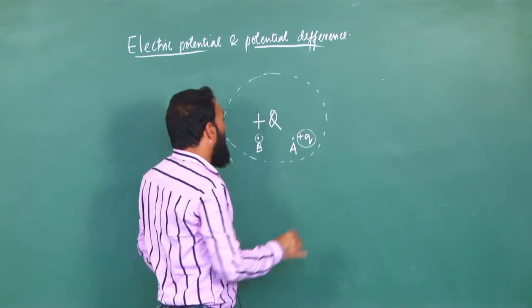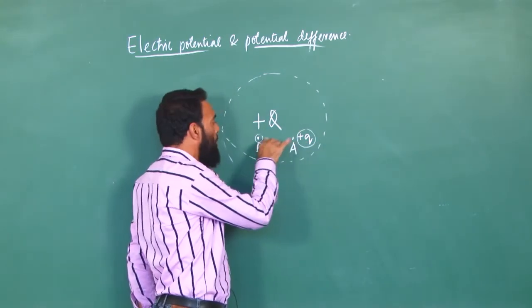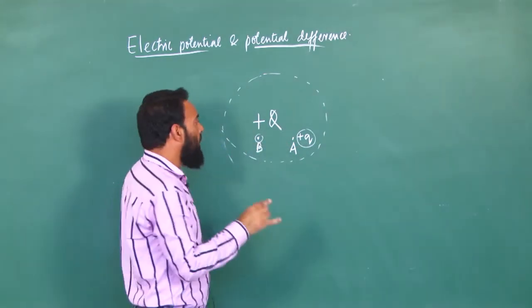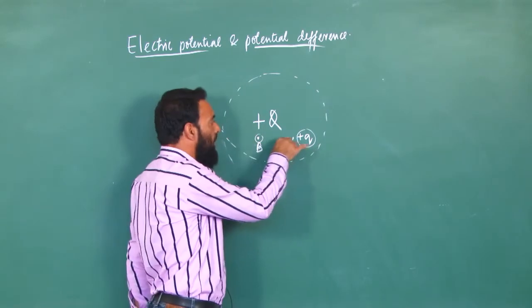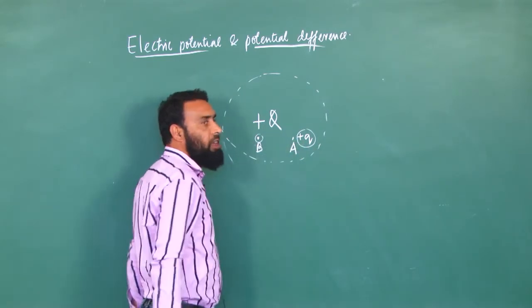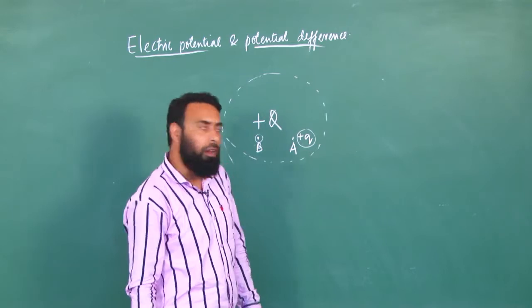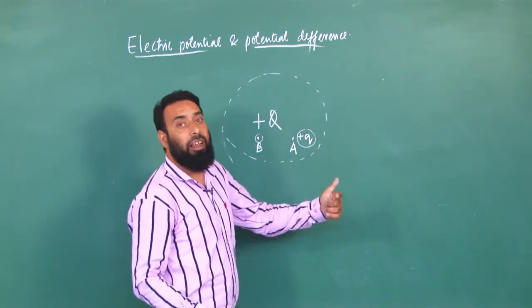So we can say, in order to bring this Q charge from point A to point B, we have to do work, and that work then gets stored at point B. Then there is a difference in these 2 potentials, and that we call electric potential difference. So how can we define electric potential difference?